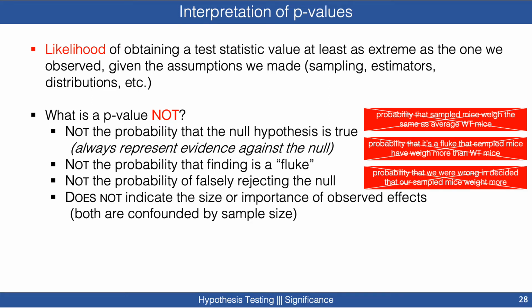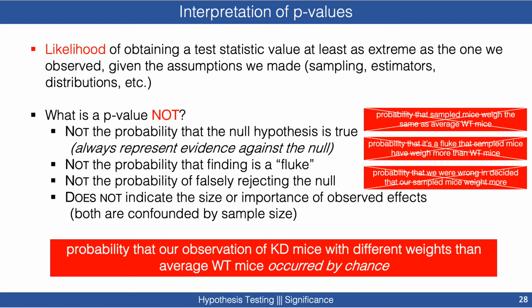Nor does it say that, if the p-value is not so low, you were wrong in deciding that our sample mice were weighing more than the wild type mice. Again, what the p-value says is the probability that our observation on the knockout or knockdown mice being different from the weights of the average wild type mice occurred by chance if the gene has no effect.